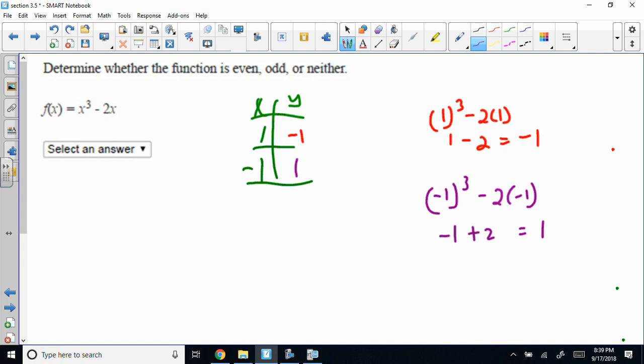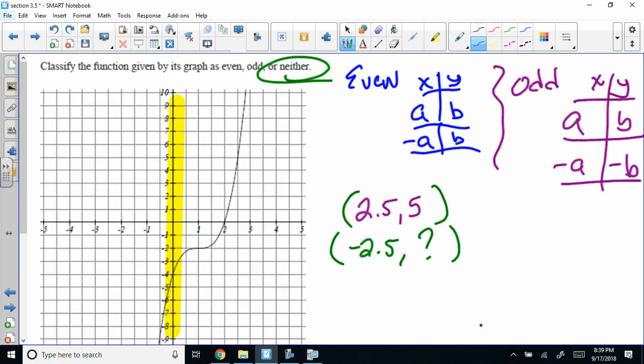Okay. Well, let me go back and explain it. Don't think a negative has to go with a negative, okay? On this right here, on the odd. An X and its opposite has to have outputs that are the same, but what? Opposites.